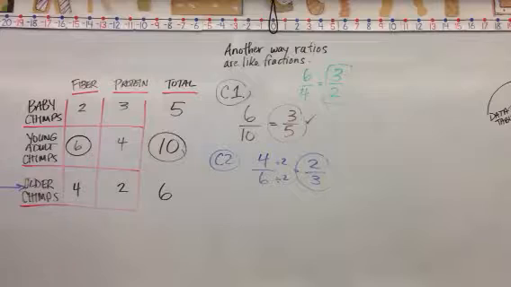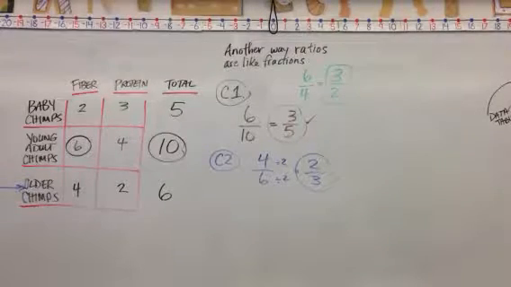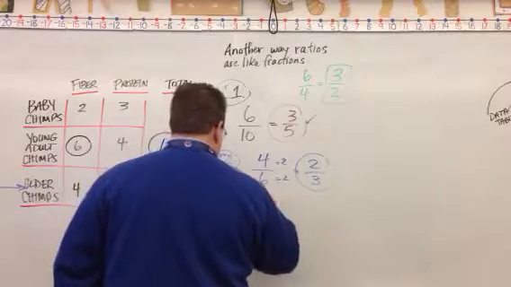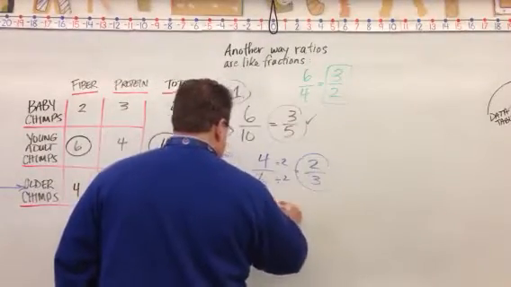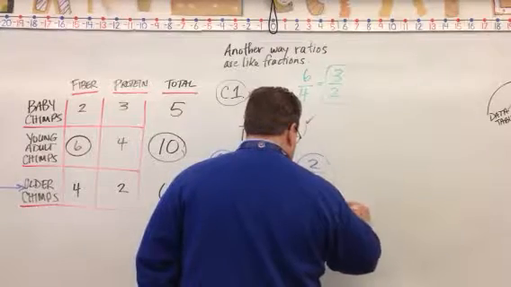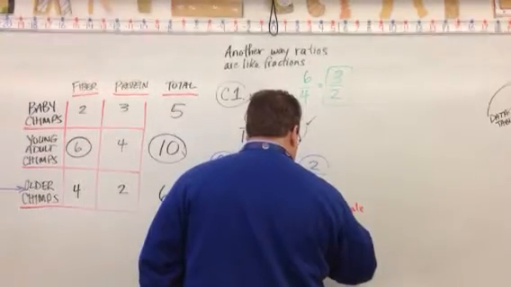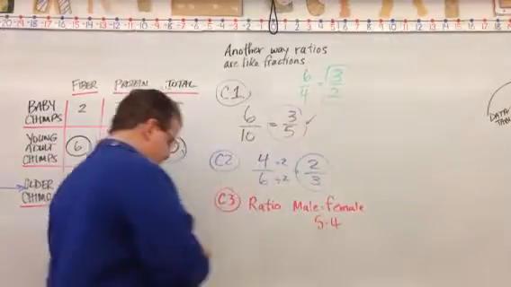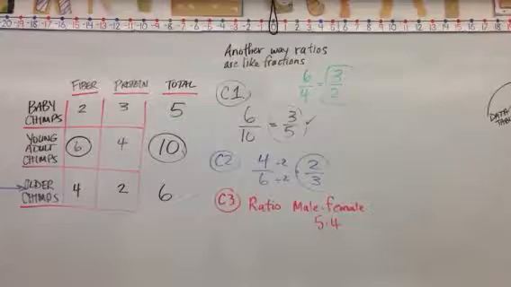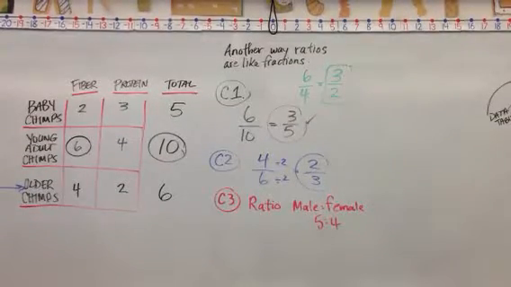So let's try question C3. Here we go. Suppose the ratio of male chimps to female chimps in a zoo is 5:4. So it's a ratio of male to female, and it's in a 5:4 ratio. The question says, what fraction of the chimps are male?